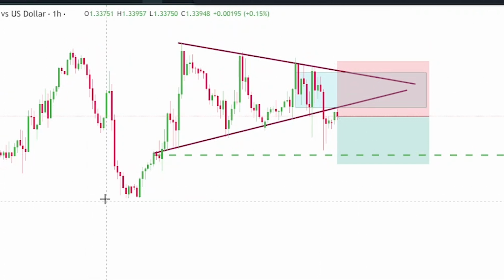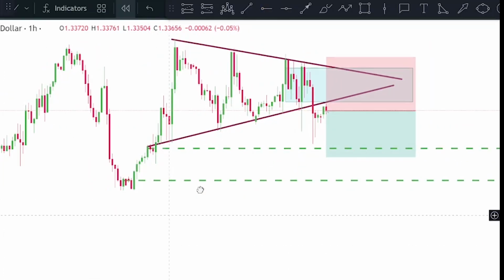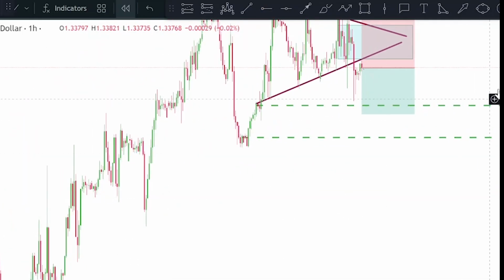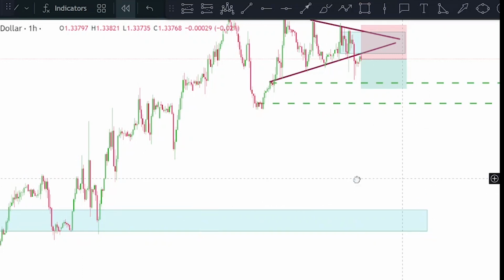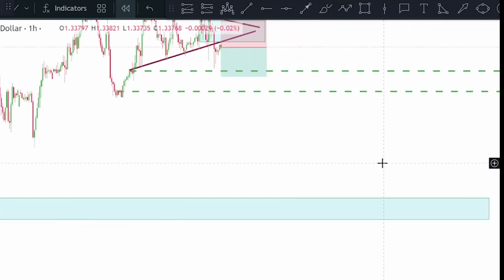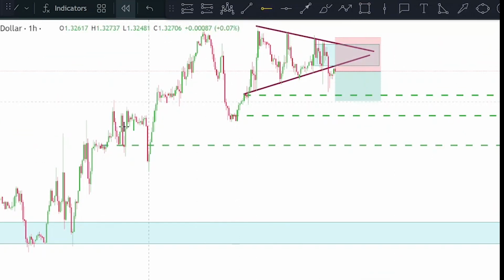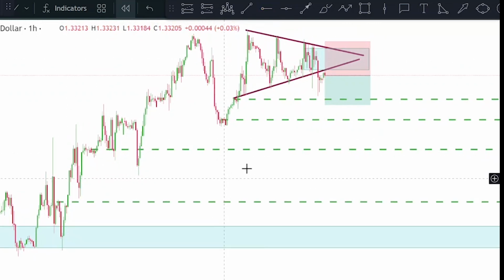TP2 is going to be from this area. Where is my target? From the strong areas, from this one, this is my target, TP3, TP4.